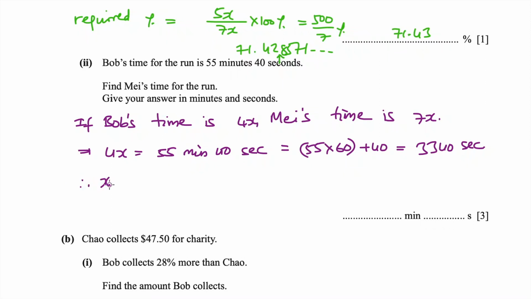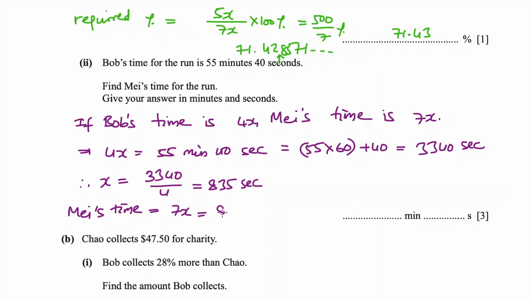And so x would be equal to 3340 by 4, which is nothing but 835 seconds. So May's time is equal to 7x. So 835 into 7, which is nothing but 5845 seconds.